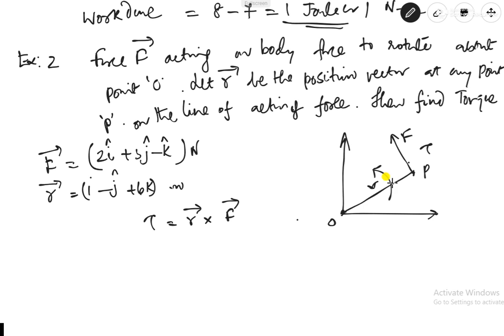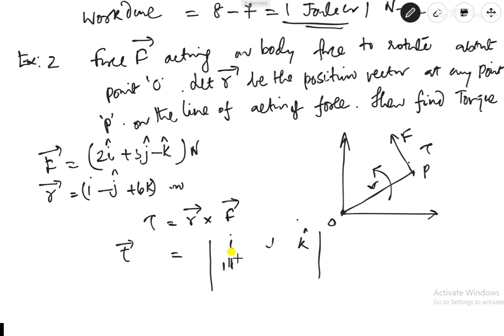This force is called a torque force, and we know that torque is a vector quantity. You can write it in determinant format with i, j and k. The first row is R, which is 1, minus 1j, and plus 6, because the R vector is here.